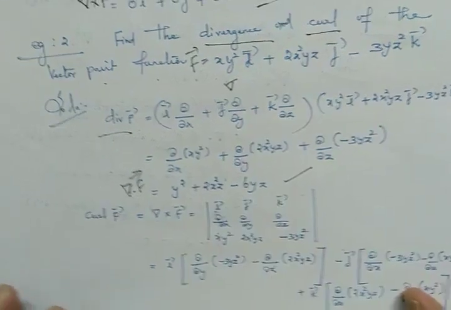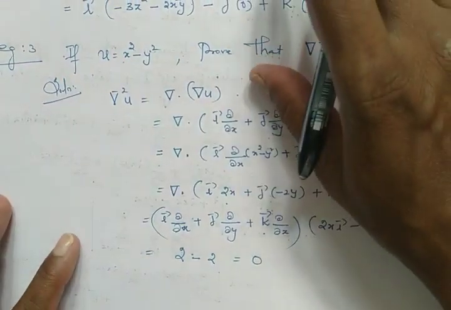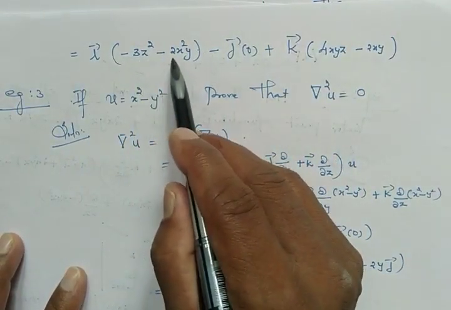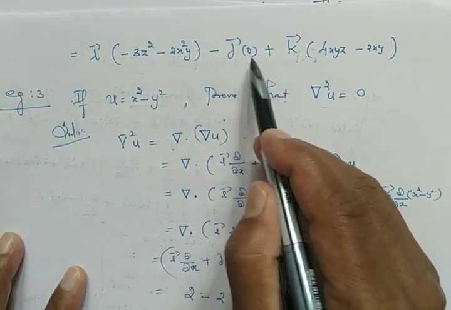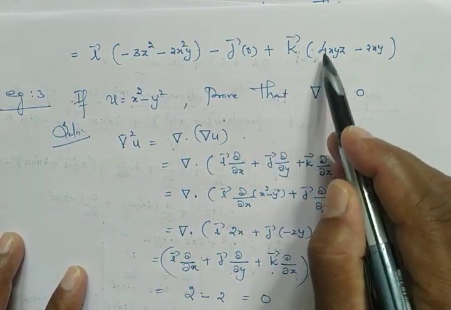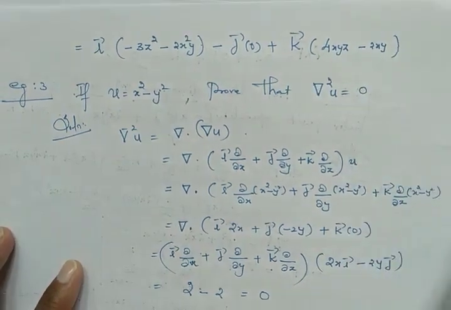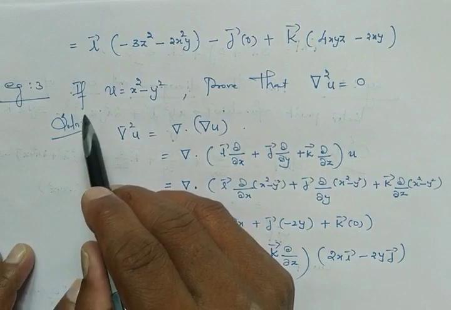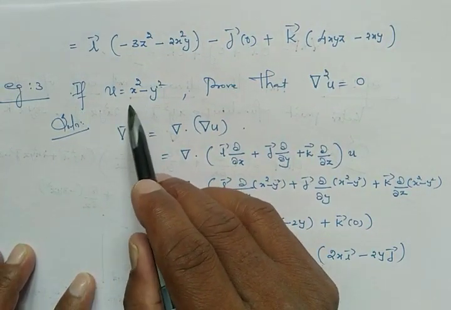The result becomes i vector times (−3z² − 2x²y) minus j vector of 0 plus k vector of (4xyz − 2xy).